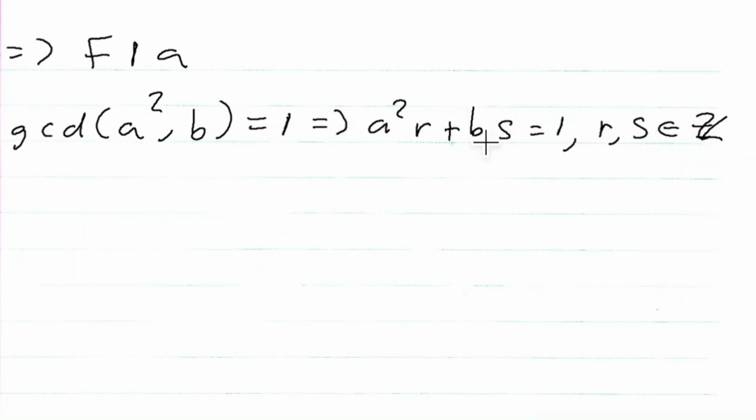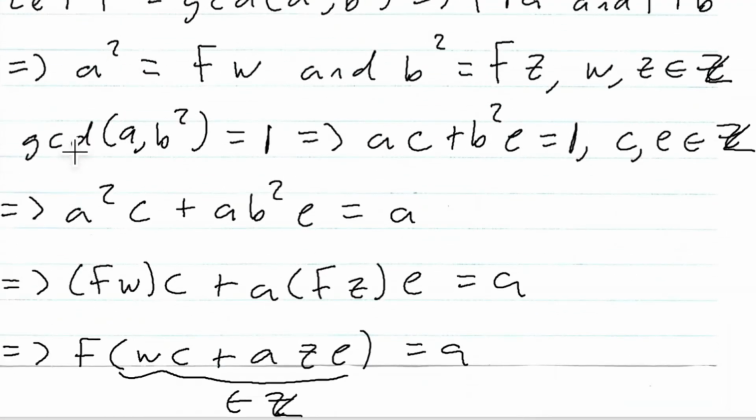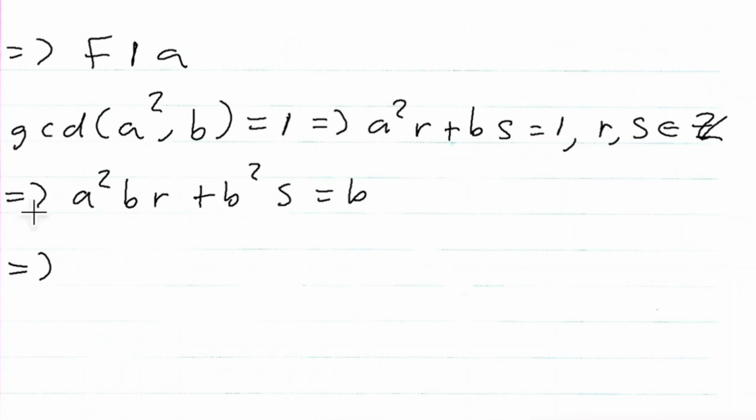So naturally, I need that b squared, right? So if I multiply both sides by b, I would get a squared br plus b squared s is equal to b. And then from above, I know a squared is equal to fw.